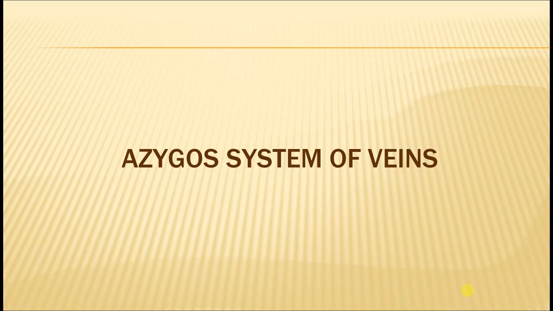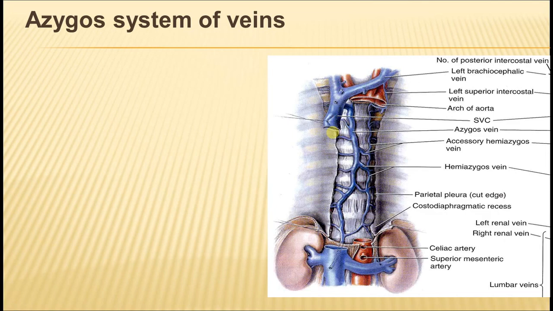This will be our concluding class of the thorax, and after that we will be passing on to a new region. So, coming to the Azygos system of veins.